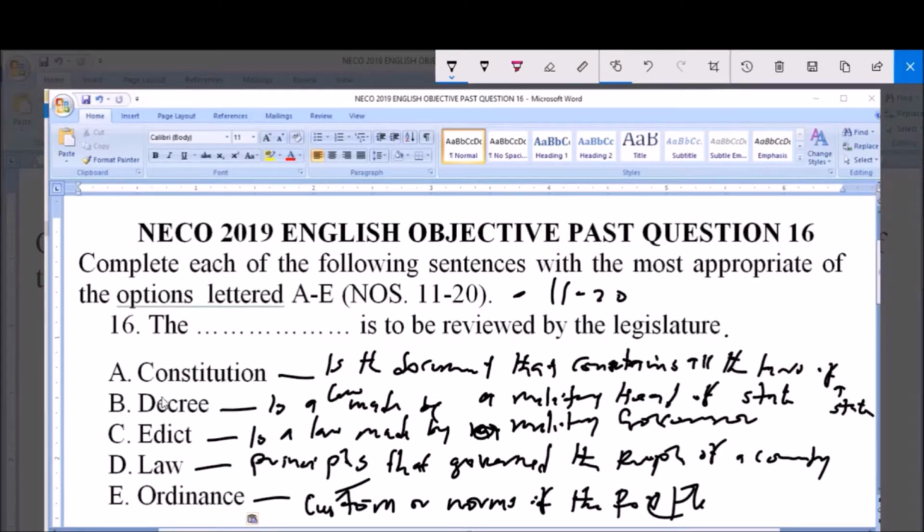So the legislature or legislative arm of government can only review the constitution. So it is better to say that the constitution is to be reviewed by the legislature. So option A is correct.